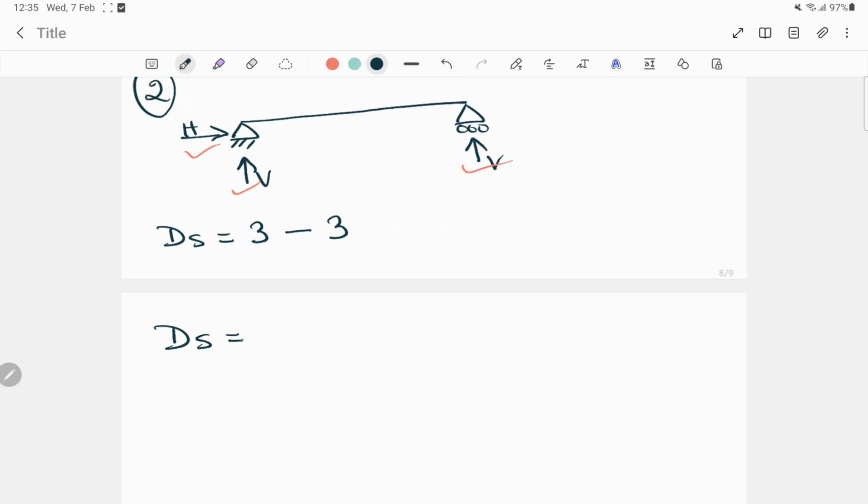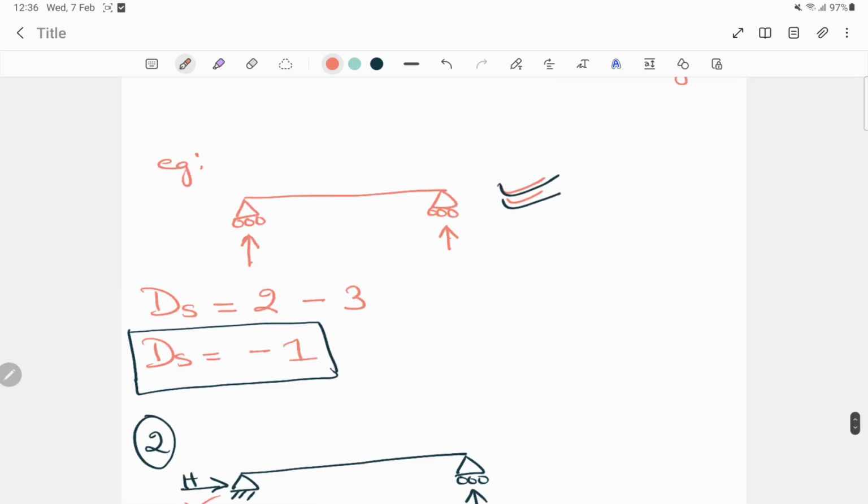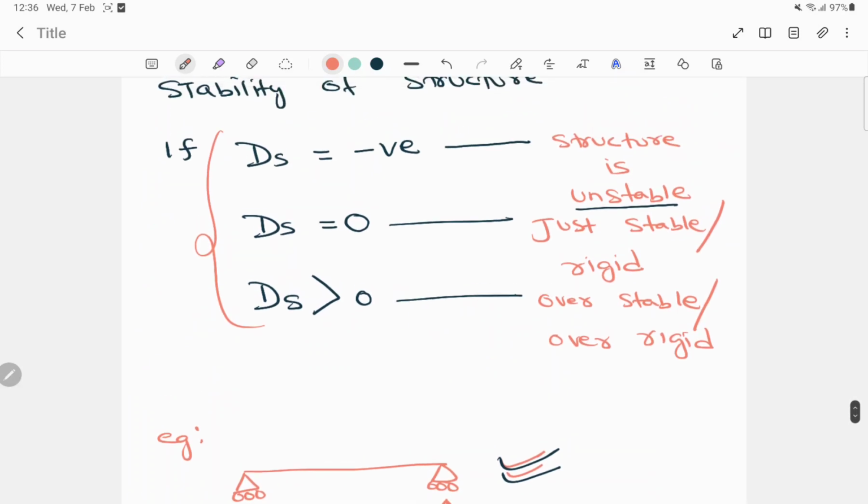So ds is equal to 0. If the degree of static indeterminacy is 0, it satisfies condition number 2. Then the structure is just stable, or a rigid structure.